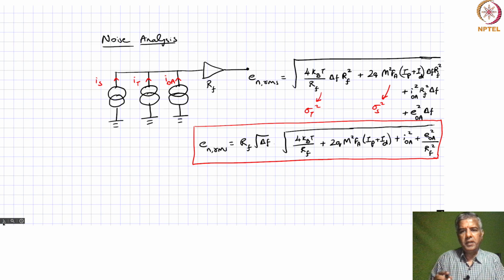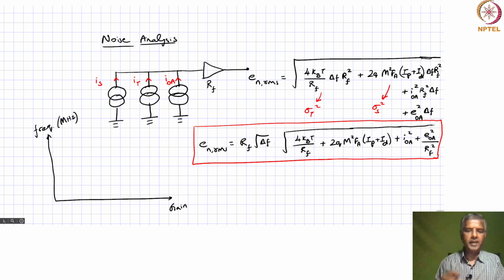When we consider op amp noise, we can make one generic comparison. So if you look at, let's say, the gain of an op amp with respect to the frequency of operation, let's say in megahertz. Typically we look at it the other way, gain as a function of frequency, but I'm just flipping the axis.